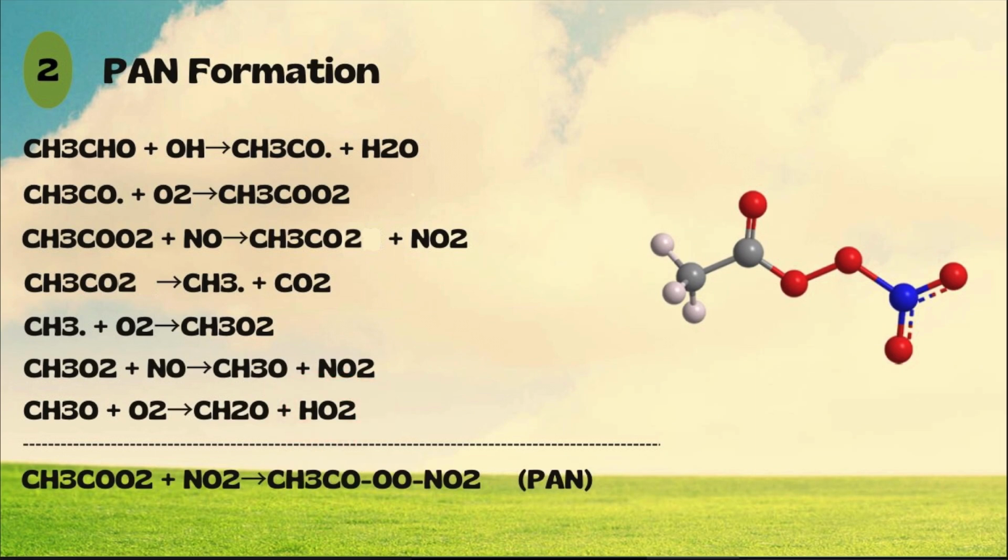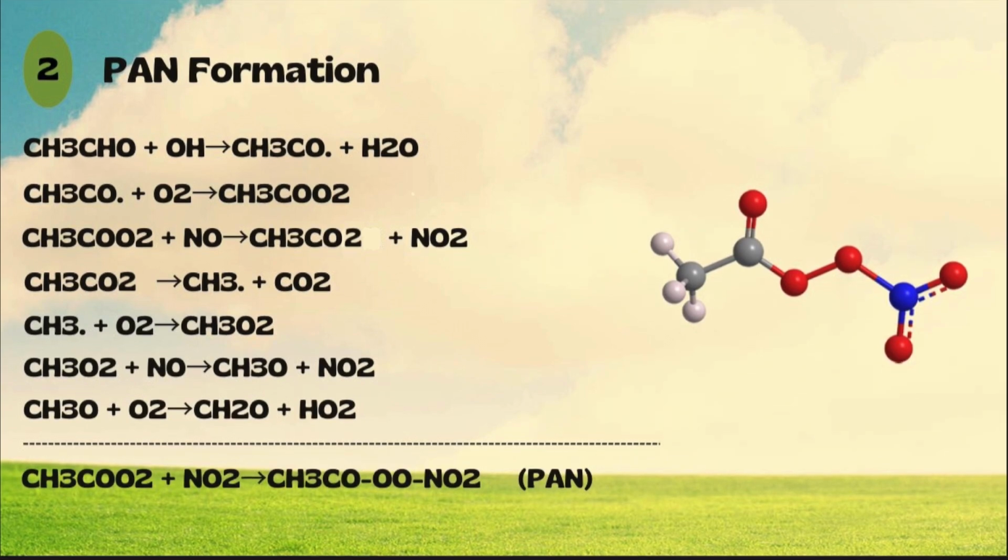These in turn react with nitric oxide to form hydroxide. The peroxyacetyl radical can add NO2 directly, and it can form the peroxyacetyl nitrate product.